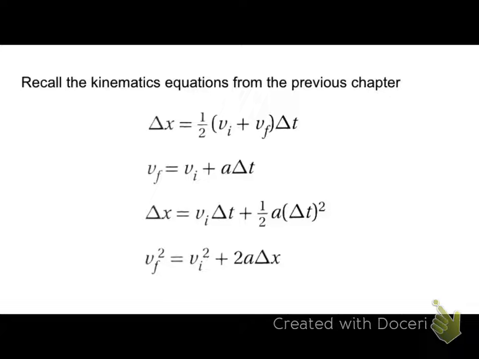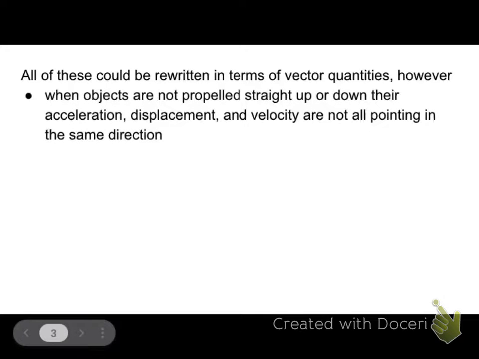All right. We could, if we wanted to, rewrite all of those equations that we just looked at to work for vectors in 2 dimensions. We could do that. It would be a mess.